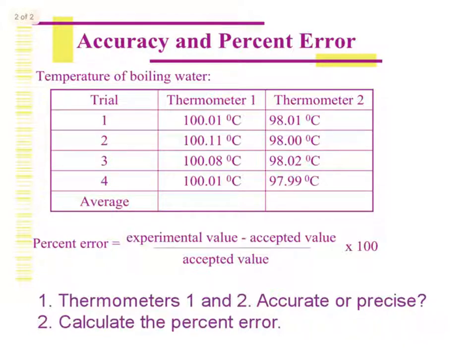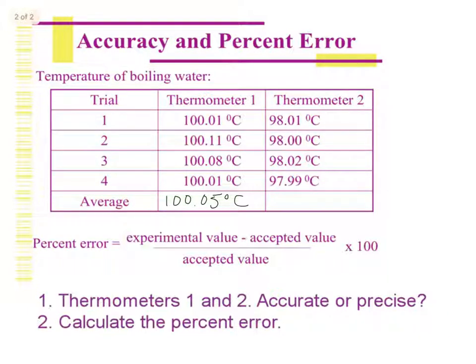So I already calculated the average of this one. It's 100.05 degrees C. So now I just need to do this other one. I'm going to do that in my calculator right now. 98 plus 98.00 plus 98.02 plus 97.99 equals, divided by 4, which is a counting number, people.